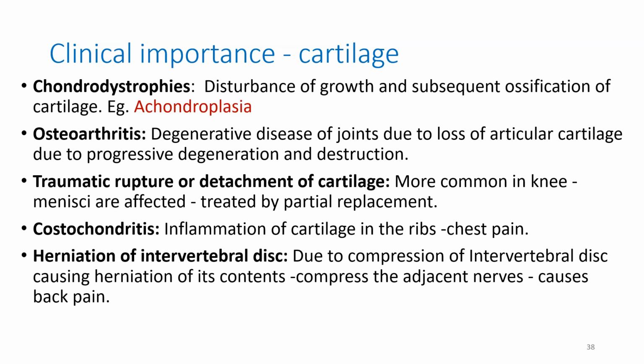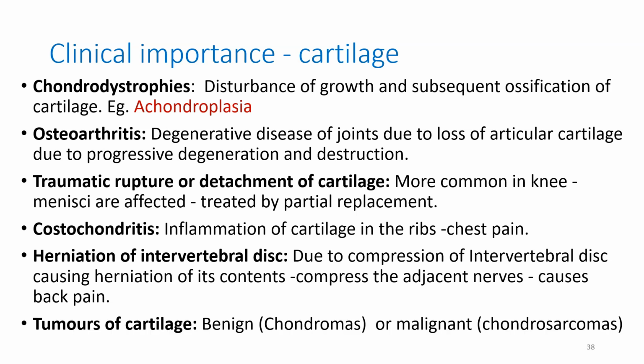When they get herniated, they compress the adjacent nerves, which causes back pain. The other importance of the cartilage is tumors of cartilage. They can be benign, which are known as chondromas, and if they are malignant, they are known as chondrosarcomas.